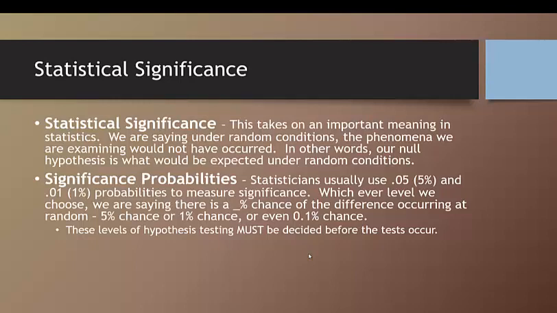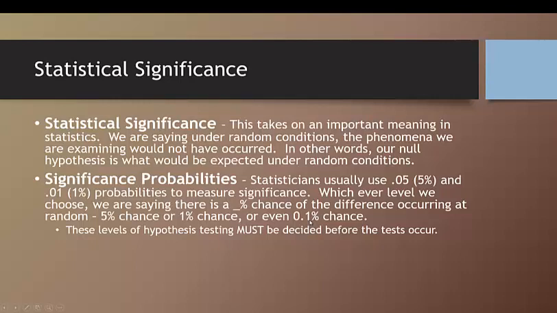In practice, these levels of hypothesis testing must be decided before the test occurs. So we must decide if we're going to use a 5% rule, a 1% rule, a 0.1% rule, or even a 10% rule. Now, if we had used a 10% rule instead of 0.05 or 0.01, this should actually say 0.001 for a 0.1% chance.